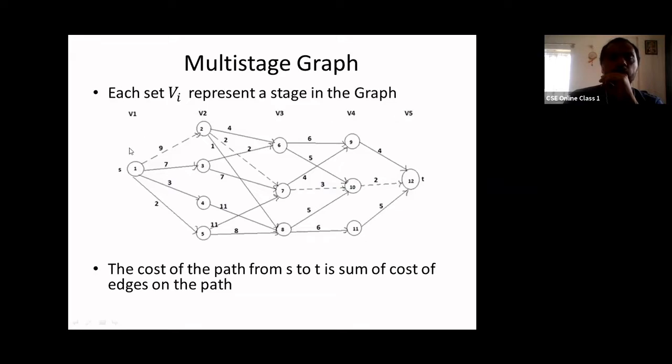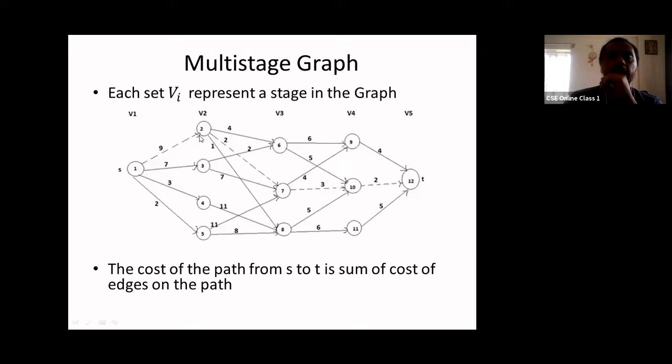V1 and V5 are the source and sink vertices: the graph originates from vertex 1 and terminates at vertex 12. In between, V2, V3, and V4 are the intermediate stages.